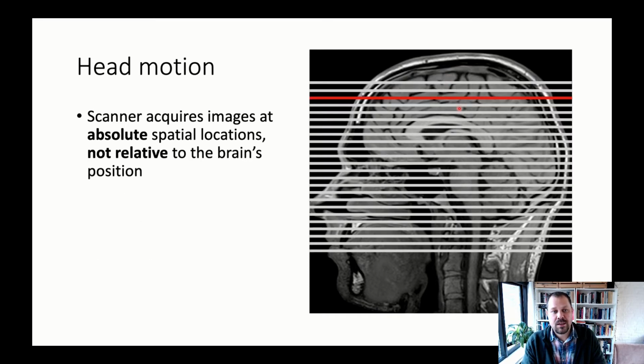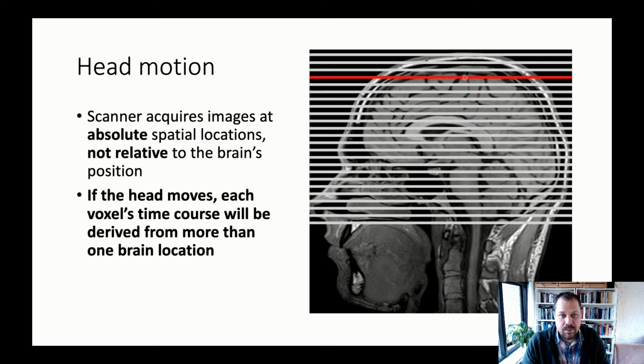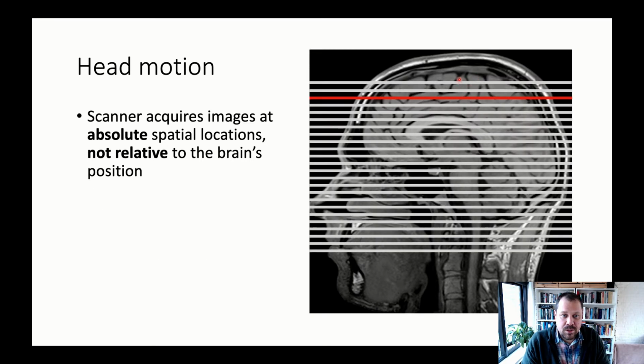Then the head moves slightly, and whoops, all of the voxels are shifted and no longer recorded in the same space. So after this movement occurred, everything else will be recorded from actually a different location. Here we're recording from a very superior region, and then the subject moves, and all of a sudden you're very close to the mid-cingulate type region, just above. So that leads to a problem, right?